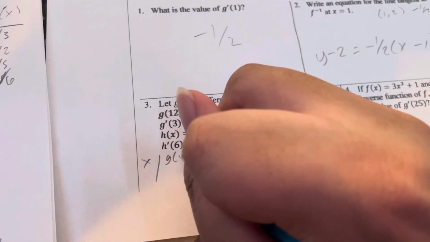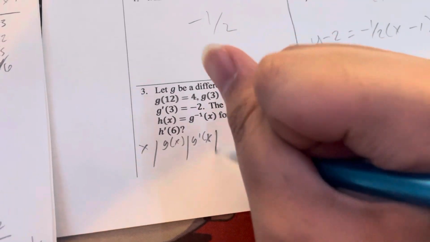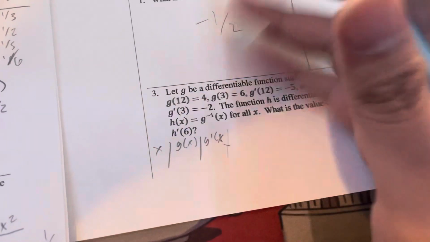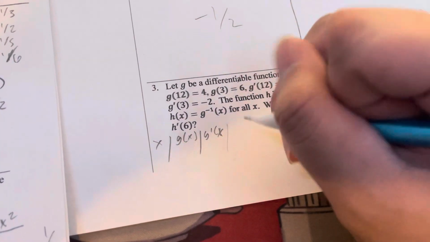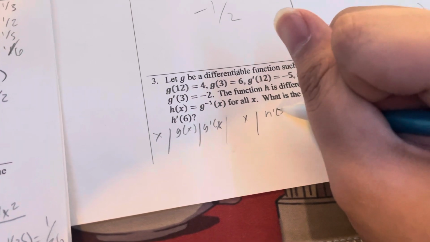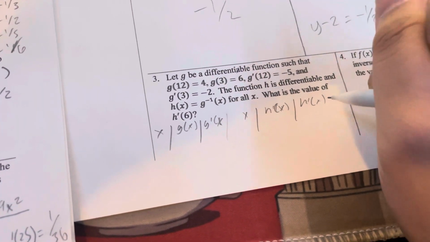So the original function, g prime of x, and then our table of inverse function, h of x, h prime of x.